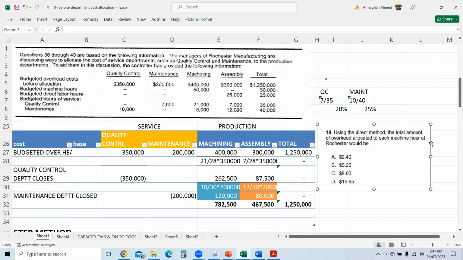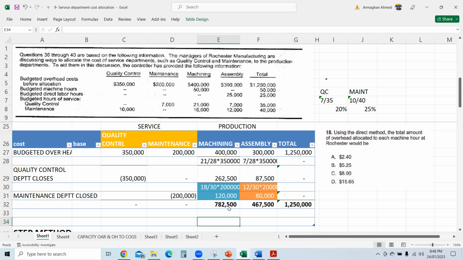To machining, right? Machine hour means machining. So how much total overhead is allocated? Total overhead is 782,500, right?